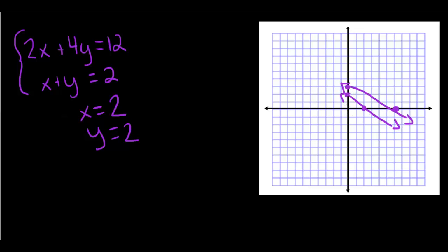So if you notice, these two lines are parallel. I mean, you probably cannot see it, as my drawing is not perfect, but both of them have a slope of 1. So that means they will never ever intersect. So there is no solution.